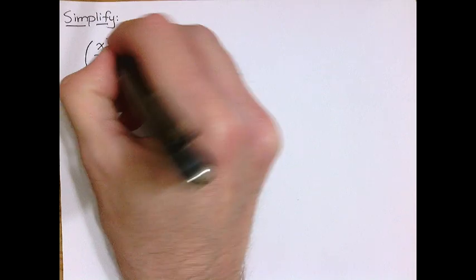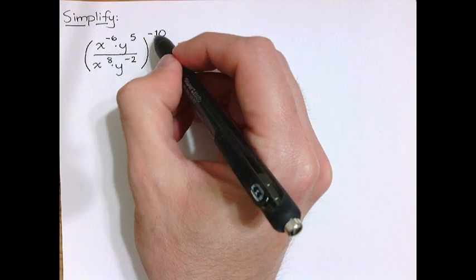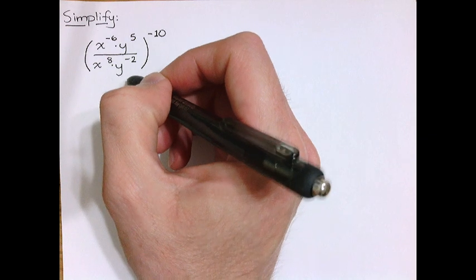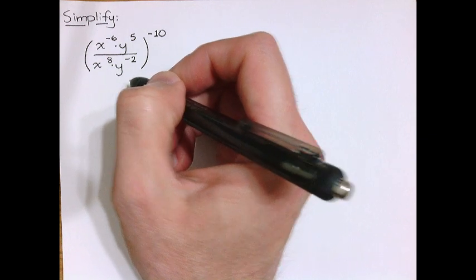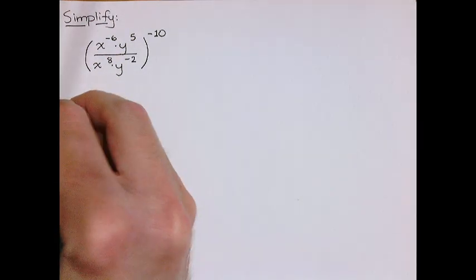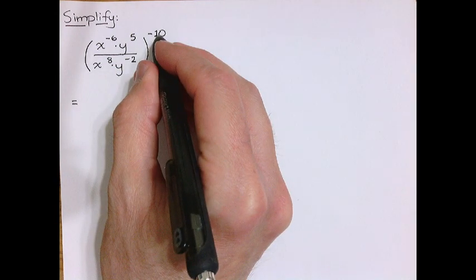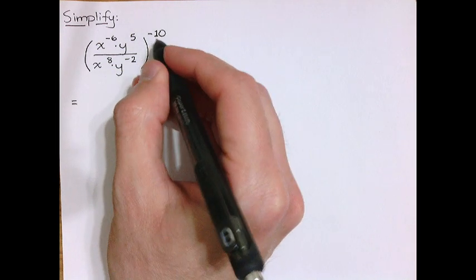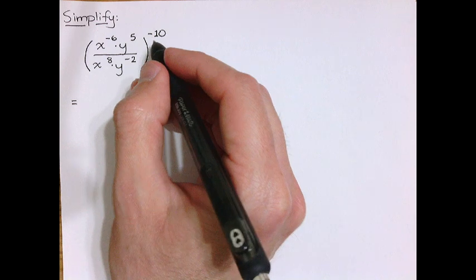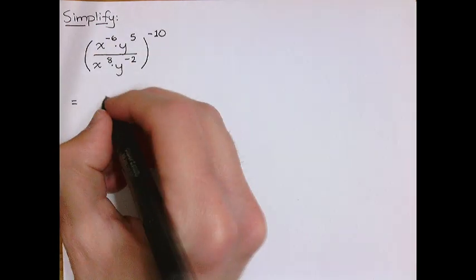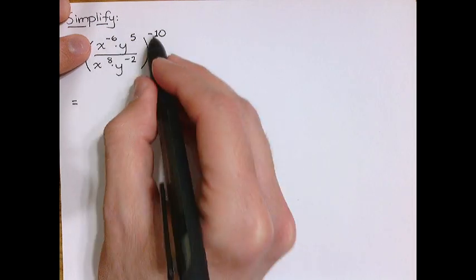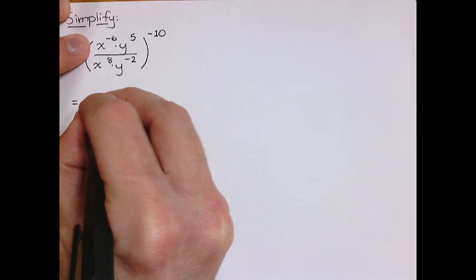See, these guys are all connected through multiplication and division, so it's pretty easy to just go ahead and apply that to everybody. Tell you what, we're going to do it two different ways. First, let's just go ahead and raise everybody to the negative 10th power, and let's see what happens. You know, I could be wrong. Maybe I don't know what I'm talking about. So here I'm going to have negative 6 times negative 10, because that's power to power.